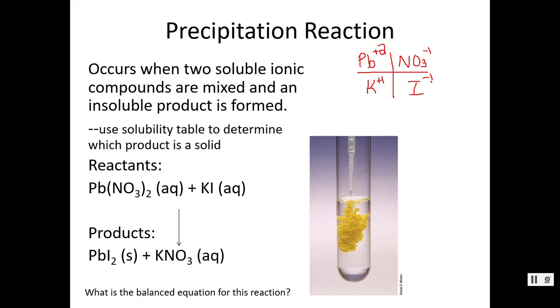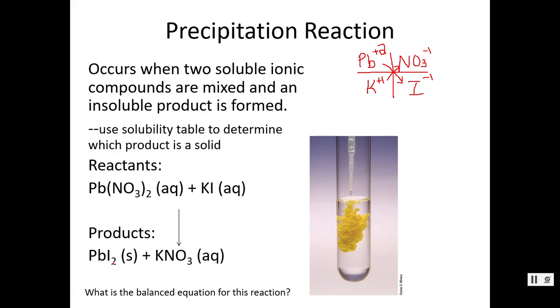And so now it's a little more clear, hopefully, which cation gets paired with which anion. I can see that the lead is going to be paired with the iodide, which is what we've done down here. And since each lead is a +2, the only way that the charge of my molecule can equal 0 is if I have two iodides.